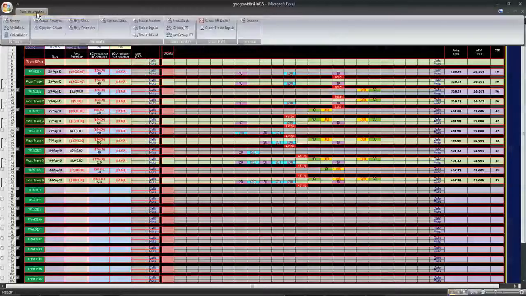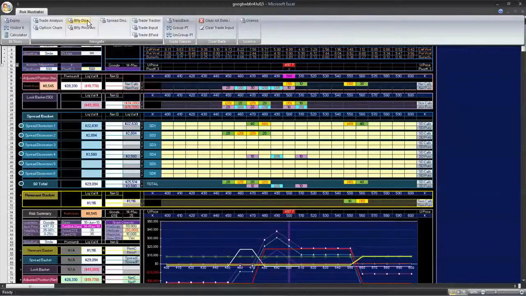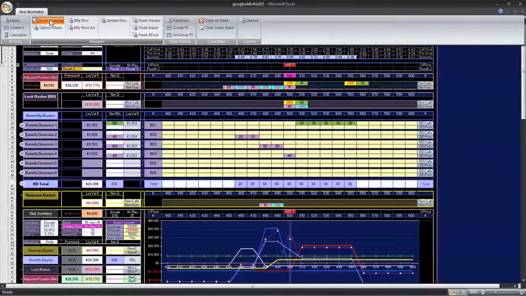Here's the spread dissection, here's the butterfly dissector, and here is the trade analysis where we do our modeling.